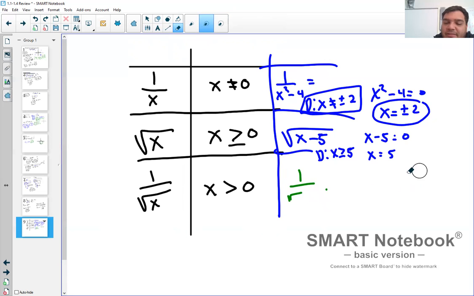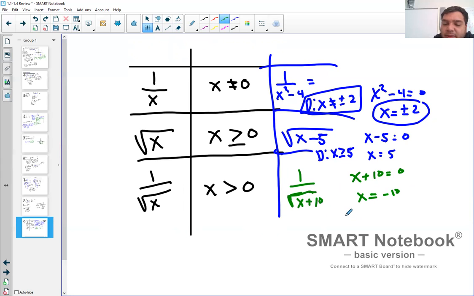Let's make it a really easier one. I'll make sure on the test it's easy too. Let's do an easier one. 1 over the square root of x plus 10. So x plus 10 equals 0. X equals negative 10. Remember, I have to be bigger than negative 10, so I don't cause it to be 0. So x is greater than negative 10. The domain is x is greater than negative 10.